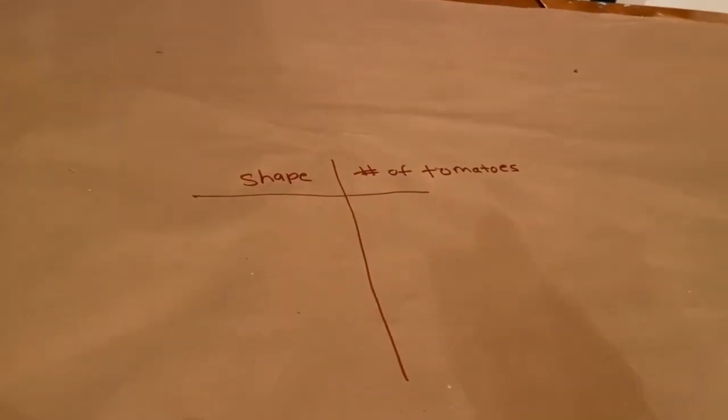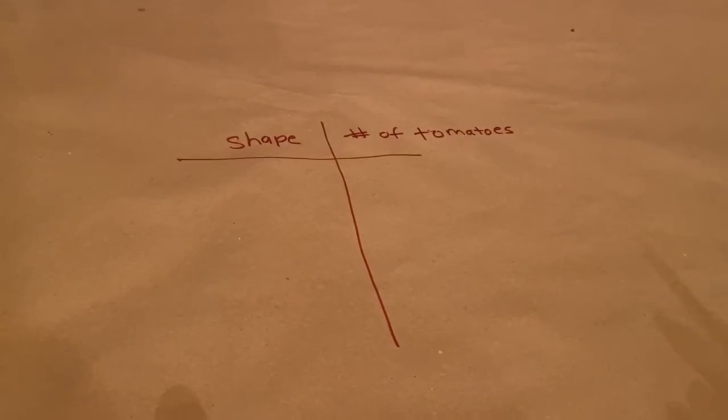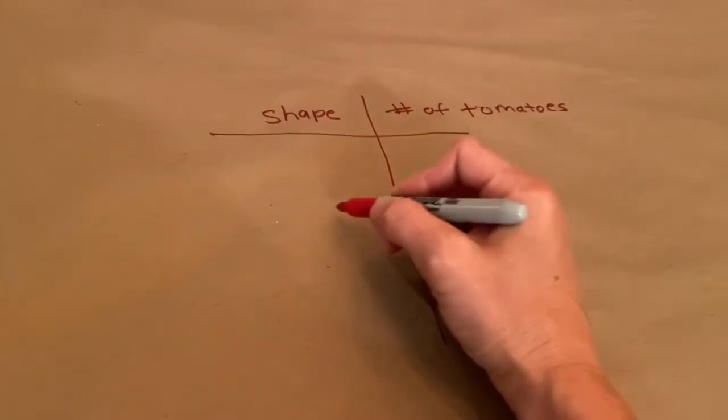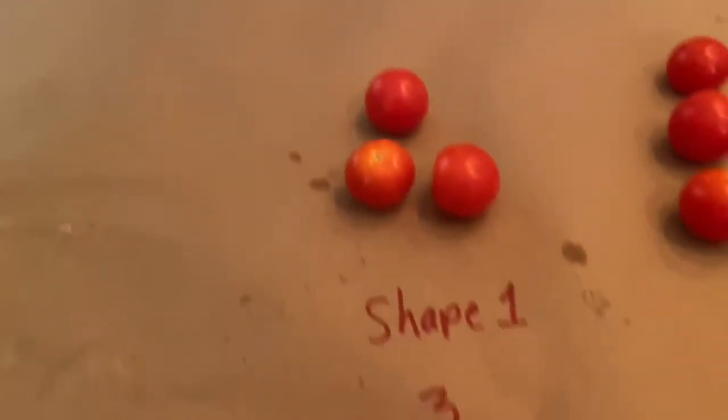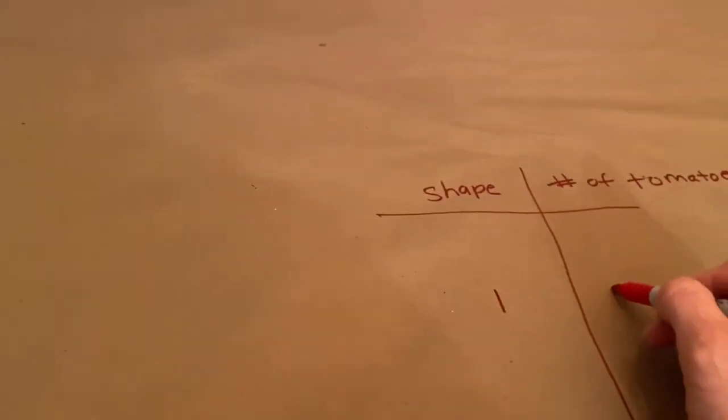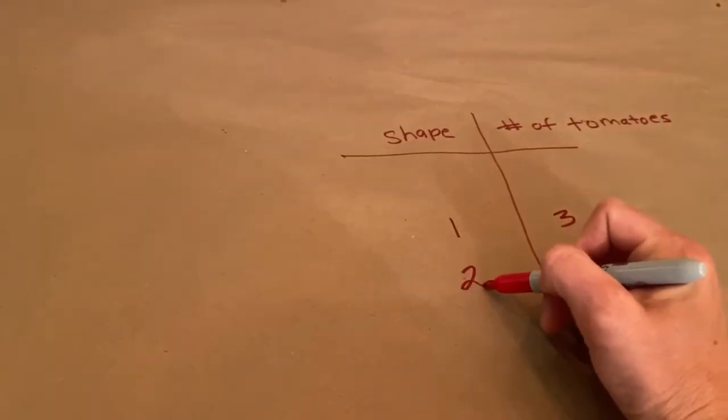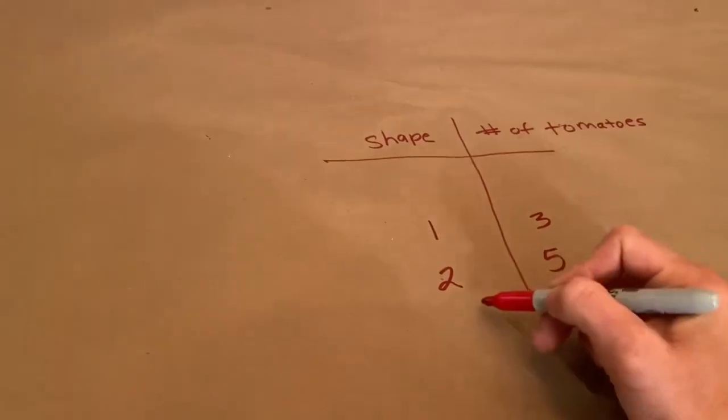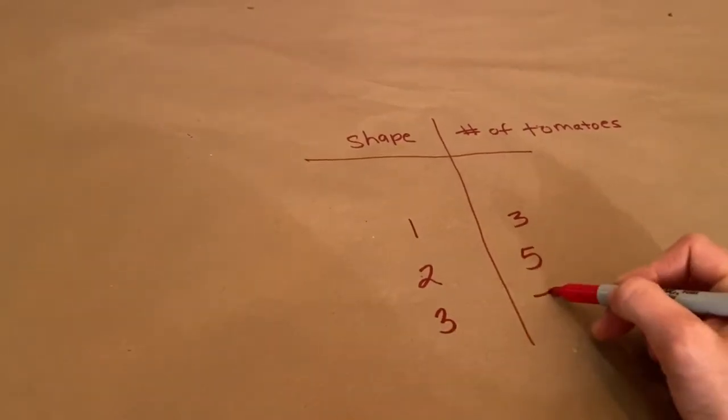In class, it was the number of blocks, but at Ms. Thongaraj's house, it's the number of tomatoes. So shape number 1 has 3. Shape number 2 has 5. And shape number 3 has 7.